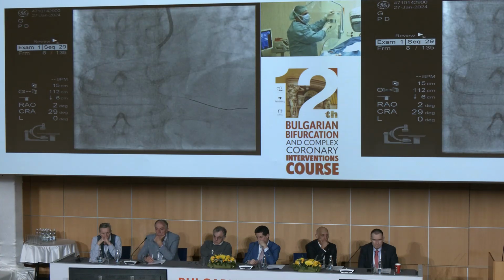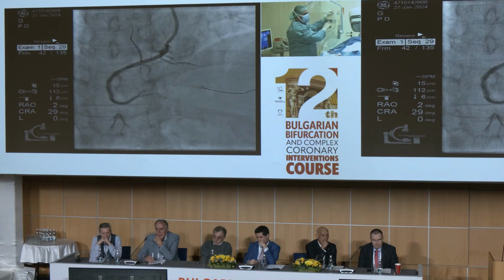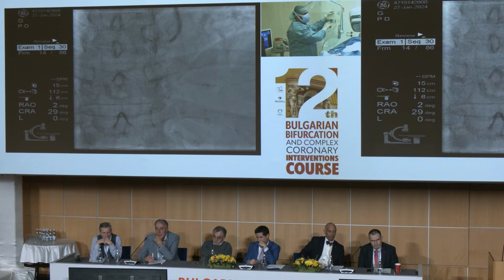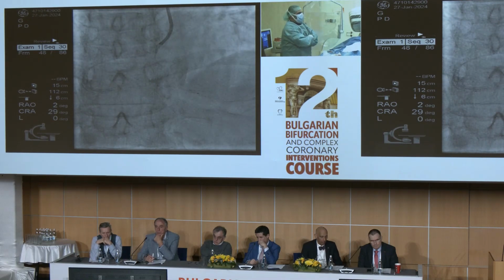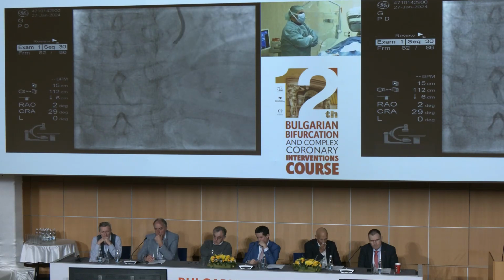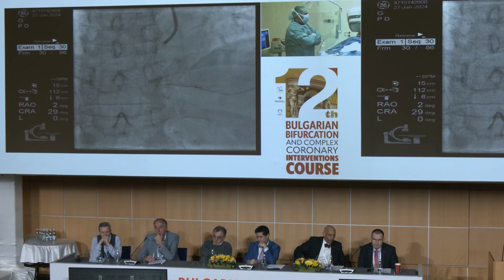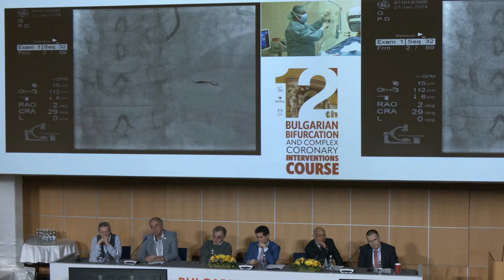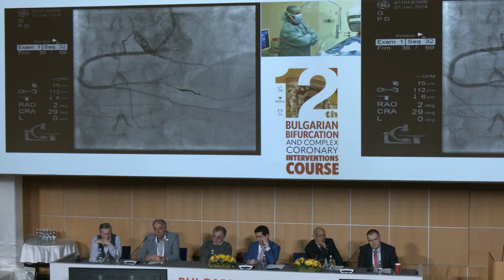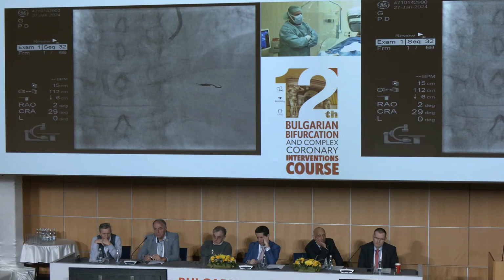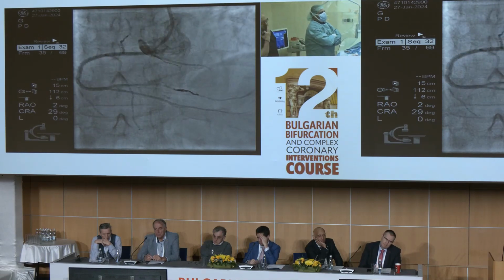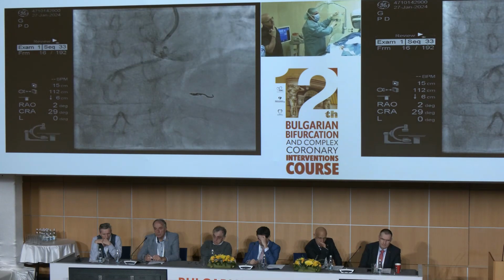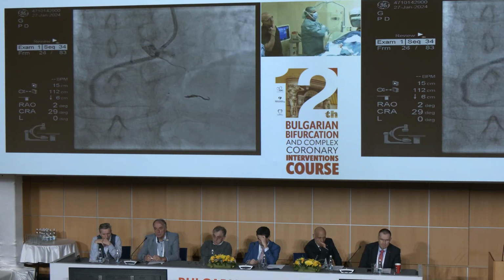Here I am in another branch. We are in a safe place to release the coil, but because we didn't feel sure about where the plane of dissection was, we put 2 Concerto coils, 4 by 8 by 10 millimeter, one more distal here, and one more proximal here.